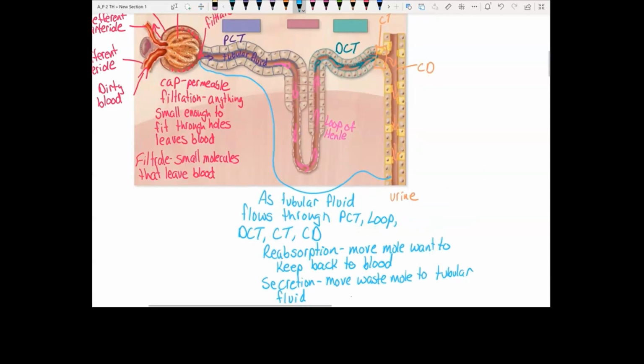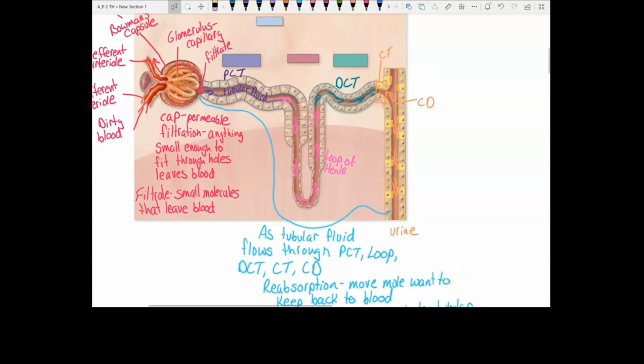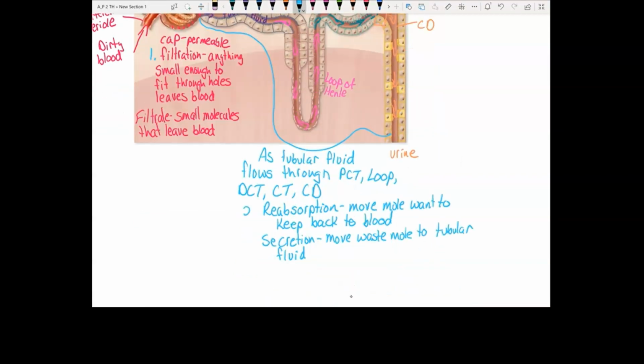So step one is filtration. Then you do reabsorption and secretion. And after you've done these three processes, then you have urine, which is the parts of the blood that you want to get rid of.